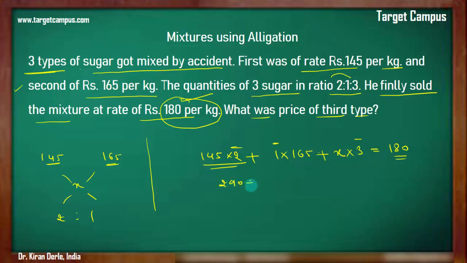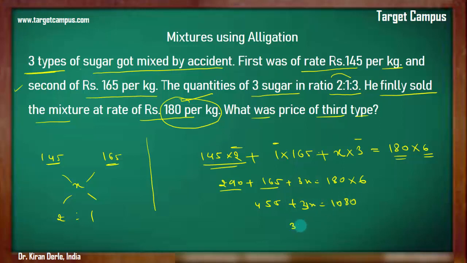So this is 290, 165 plus 3x is equal to 180 times the total. This is 2 kg plus 1 plus 3, which is 6 kg. I hope you are getting this point. So 180 into 6 is 1080. Plus 3x is equal to 1080.